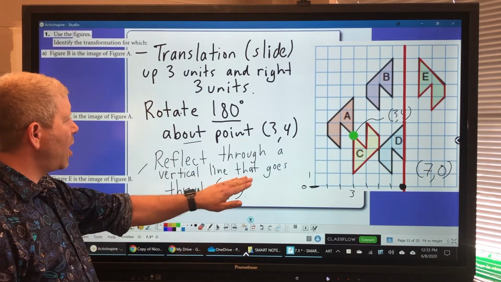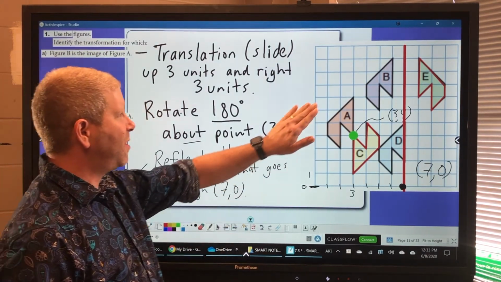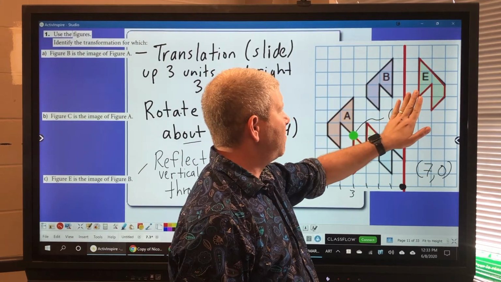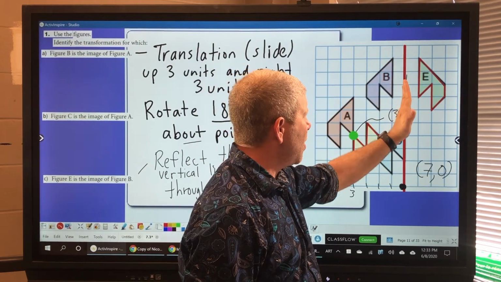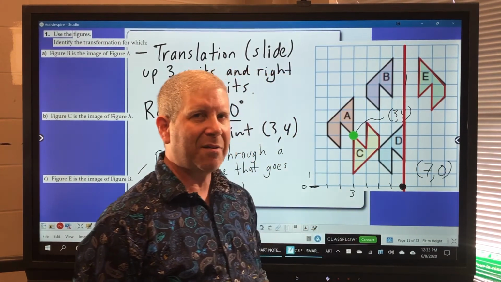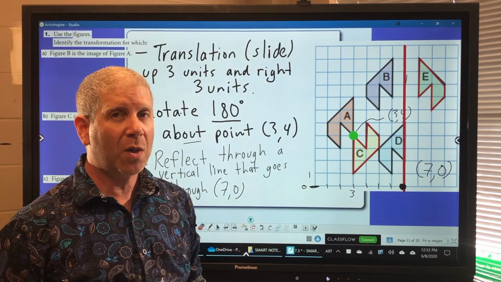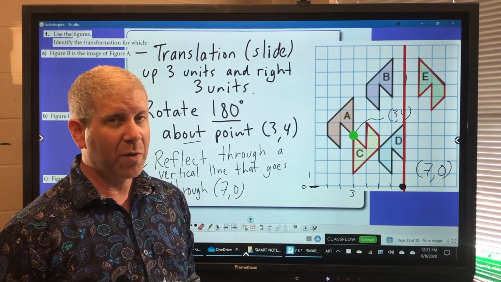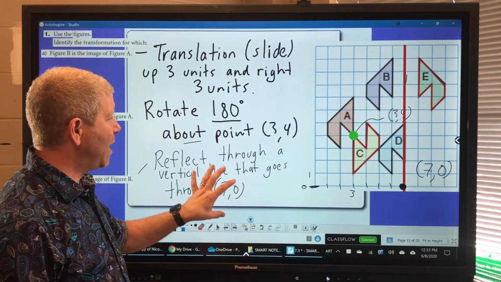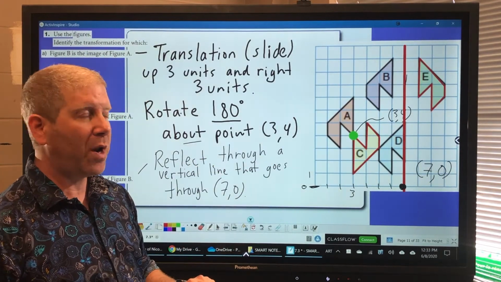Reflect through a vertical line that goes through 7, 0. So I'm reflecting B onto E by reflecting B through a vertical line that goes through this point 7, 0. And again, there's no other way I can draw a line that's vertical that goes through 7, 0. So that way I've been able to show it without actually having drawn it.